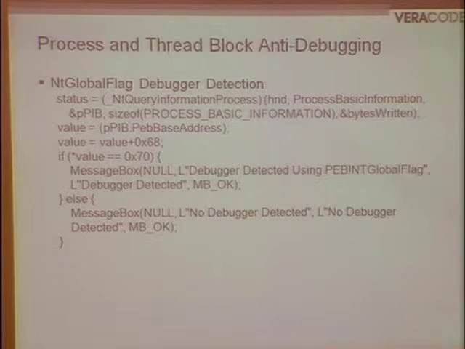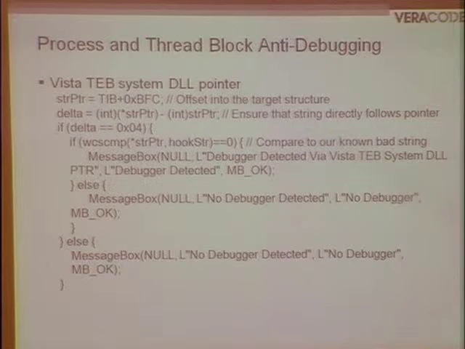So again, we look at the offset of 0x68 within the PEB structure, which has the flag that tells the heaps how to be created, and that flag, if it equals hex 70, indicates that the heaps are supposed to be created in a debug heap fashion. The hex 70 comes from FLG_HEAP_ENABLE_TAIL_CHECK, which is hex 10, FLG_HEAP_ENABLE_FREE_CHECK, which is hex 20, and FLG_HEAP_VALIDATE_PARAMETERS, which is hex 40. You add those things together, and you get a flag of hex 70. So if that particular flag within the PEB structure is hex 70, we know that we're generating our heaps in a debug fashion, and thus a debugger is running.